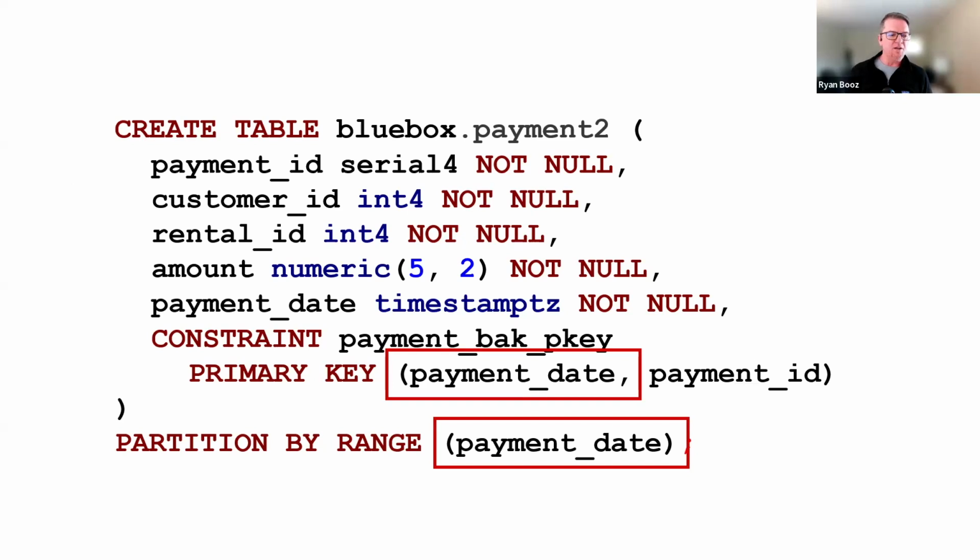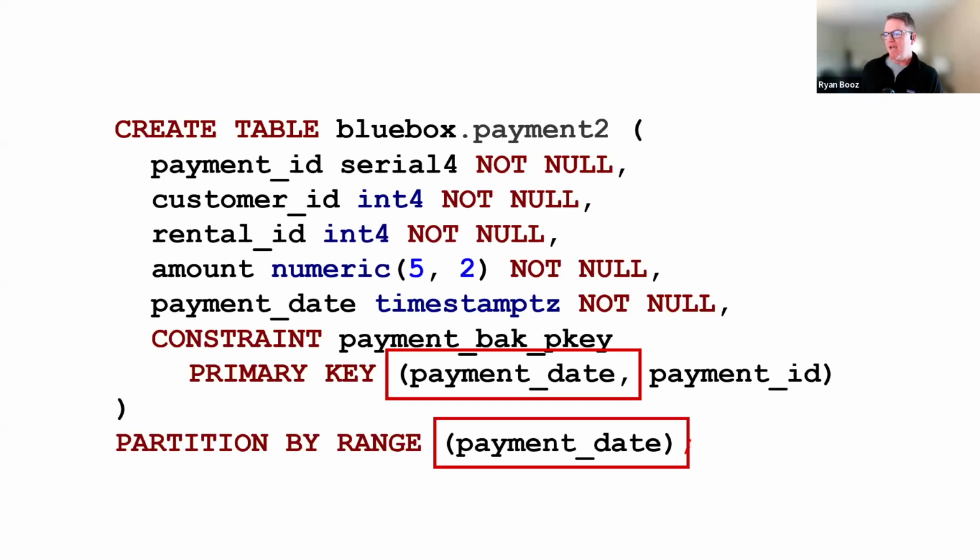And the reason is there's no global index. There's no global way to determine that any one value is only in this table, but not in another table, unless all of the tables themselves have the same kind of unique constraint. And so the partitioning column must be part of the unique or primary key constraint.